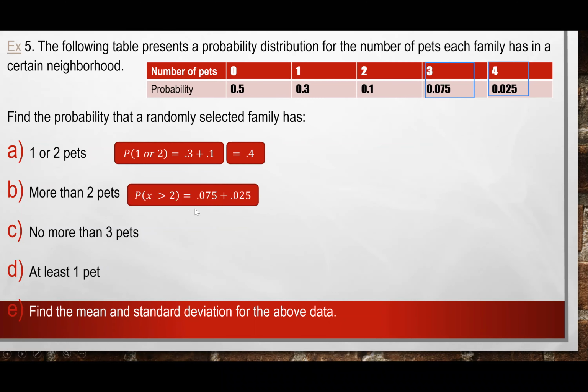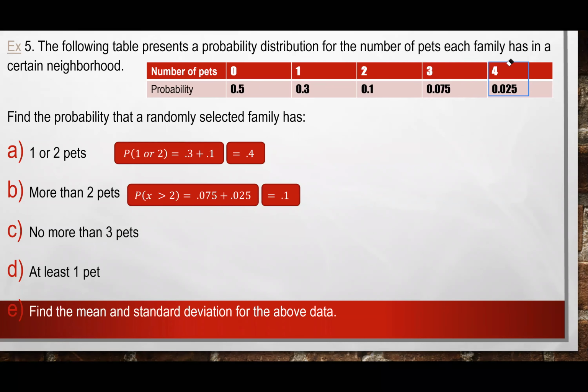We have the 3 and the 4, which is 0.075 plus 0.025. If you add them together, it will be 0.1, which is 10%. As you can see, 0.1 plus 0.1 is 0.2, 0.2 plus 0.3 is 0.5, and 0.5 plus 0.5 is equal to 1 whole number. And that's why this is a probability distribution.